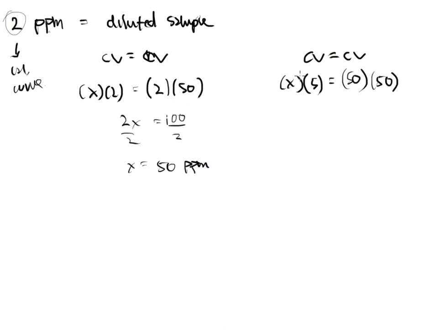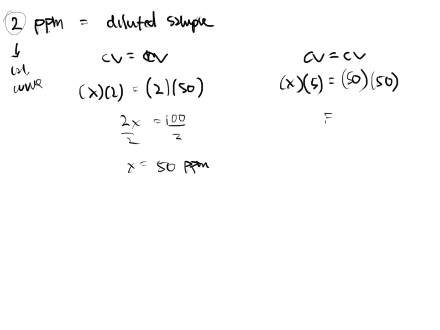So I took 5 mils of the original, diluted it to 50. That gave me a 50 ppm. And then I took the 50 ppm over here to the left. I took 2 mils of that, I diluted it to 50, and I got a new concentration. So I've got to work this one more time.